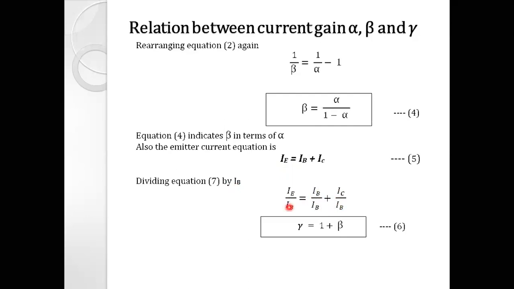As we just discussed, in the common collector configuration the ratio of the output current IE and the input current IB is gamma, the current gain for common collector configuration. Then IB divided by IB is equal to 1, and the ratio of IC to IB is nothing but beta, the current gain for the common emitter configuration. So equation number 6 shows the relation between current gain gamma and current gain beta.